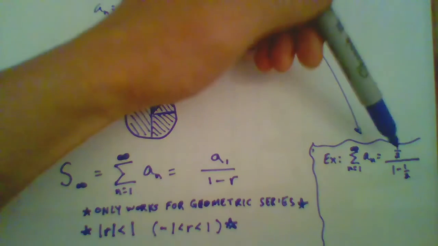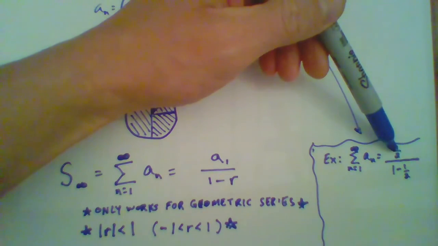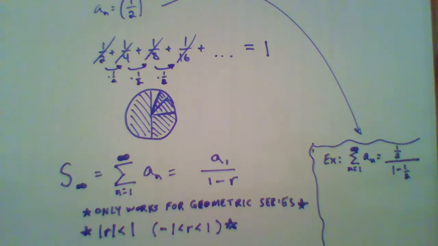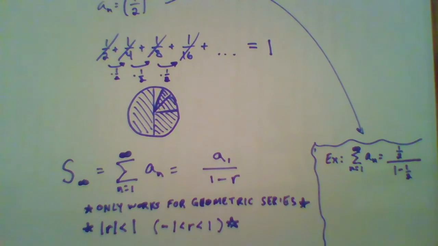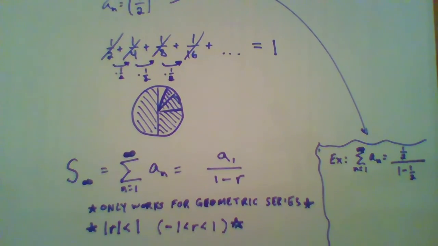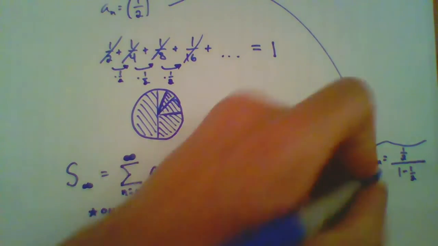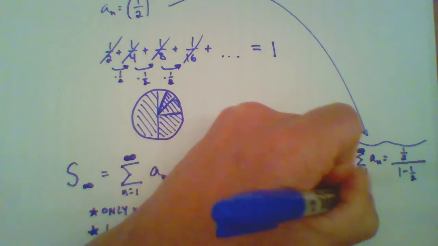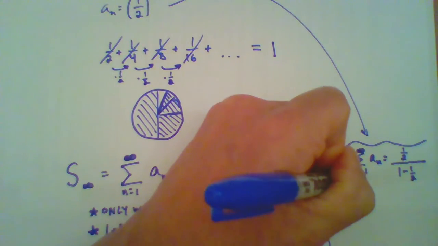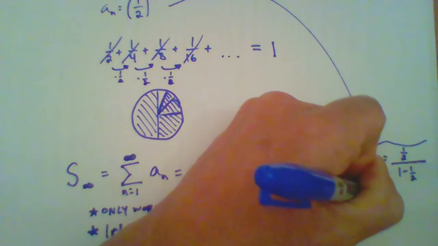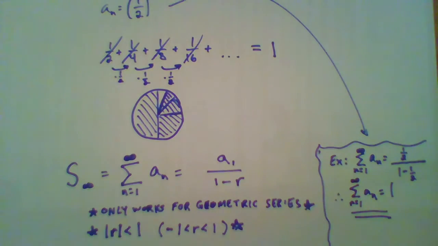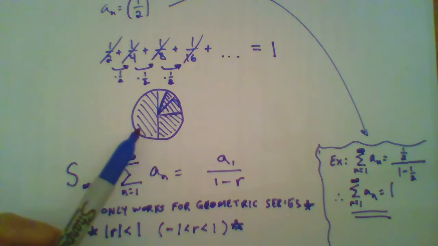If we calculate this, we get 1/2 in the numerator, 1 minus 1/2 is 1/2 in the denominator. 1/2 divided by 1/2 is 1. So therefore, the infinite sum of our sequence a_n is equal to 1, which is exactly what our intuition told us in this picture that we were drawing.